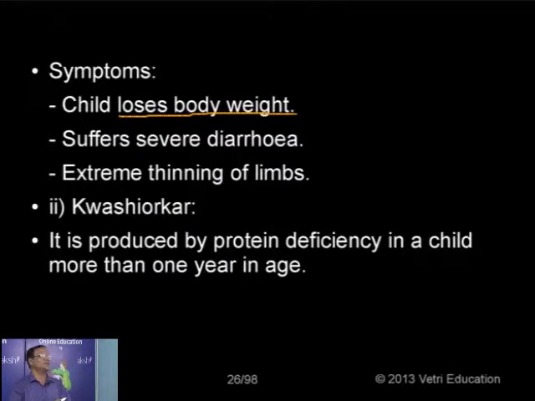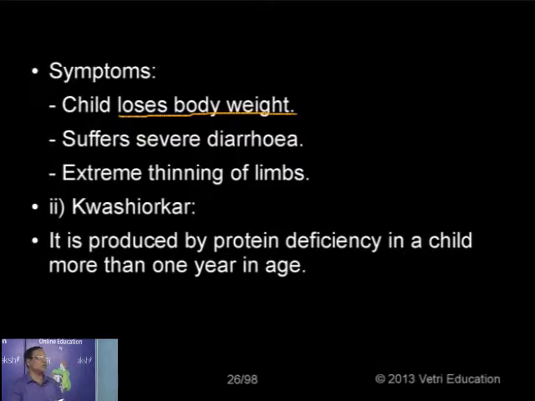This is because the mother is not feeding the young one properly, or the next child comes soon, even after the first one is reaching the maximum growth. So the mother is not in a position to look after the already born child. That is why the child is losing weight. The child is not getting protein properly.